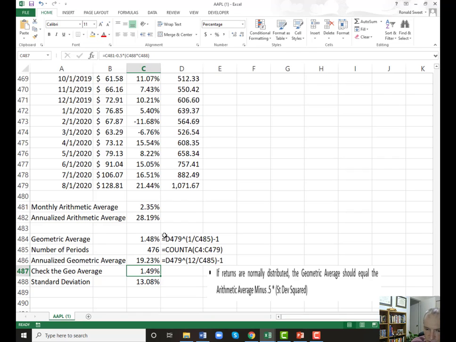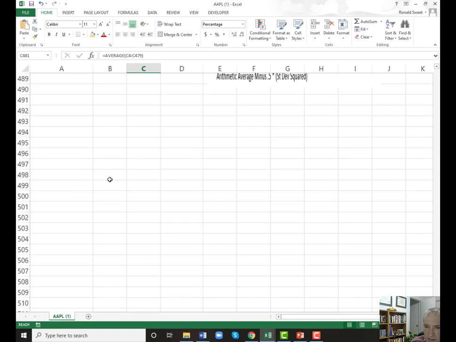So I've introduced you to the first risk number. We won't get into risk in detail this class, but at least I've introduced you to it, and we'll talk about it more. So what does that mean? Well, the arithmetic average will overstate your return. I'm talking about the monthly one, because of risk. And let me show you that in a very simple way here.